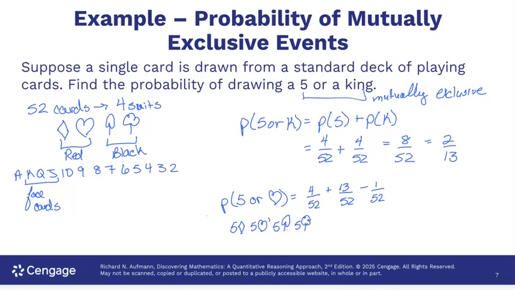But you can see that the 5 of hearts is going to be included twice. So that's why we have to subtract it once. So we're going to have a total of 18 out of 52, which reduces to 9 out of 26. So that's how our rule will change for that.